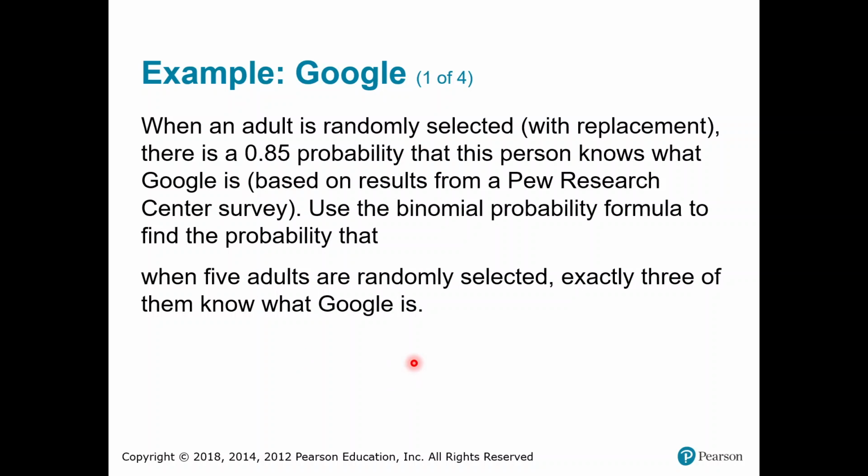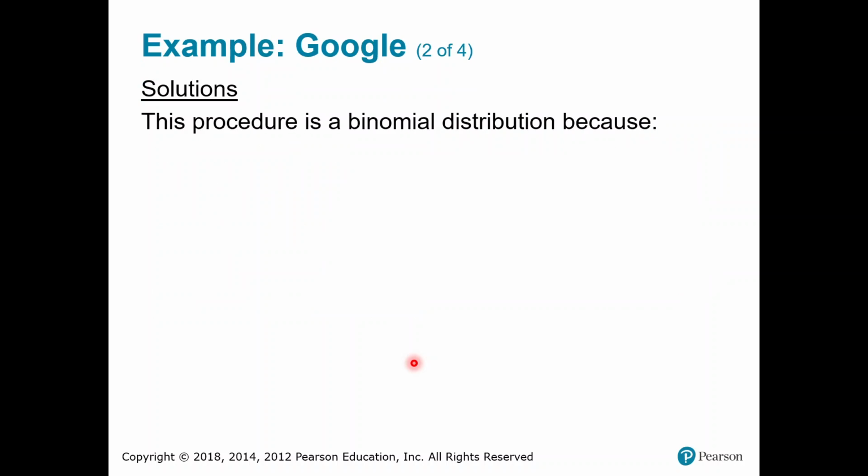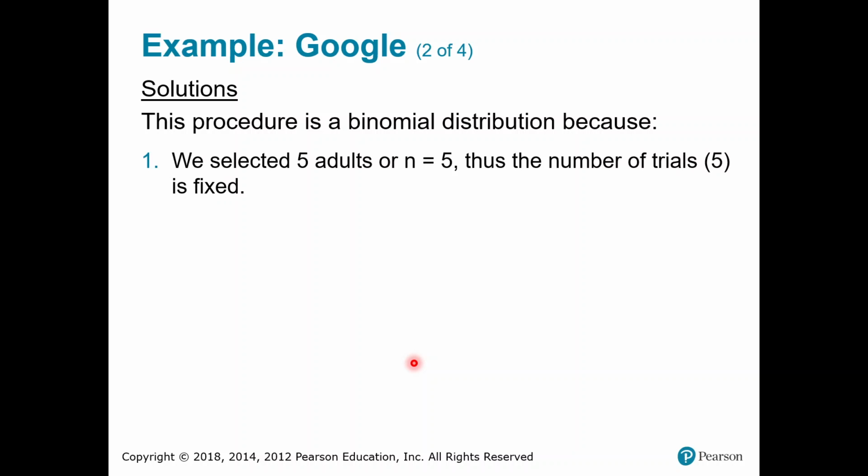Now, we want to make sure that this is a binomial probability distribution. It is a binomial distribution because first we have a fixed number of trials.